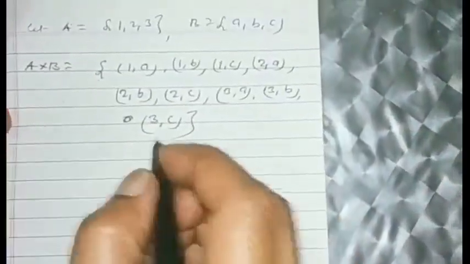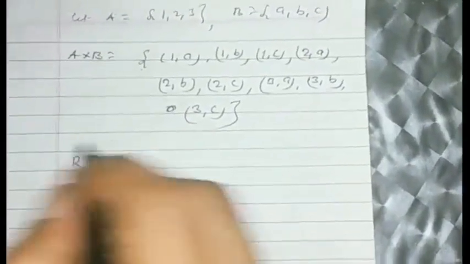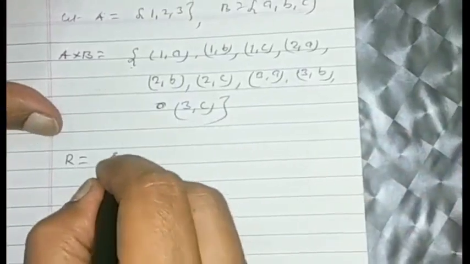Now R is a relation defined over set A to B as follows.